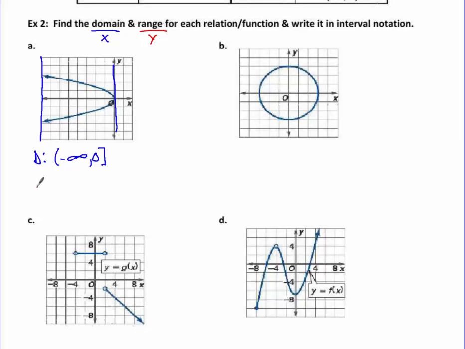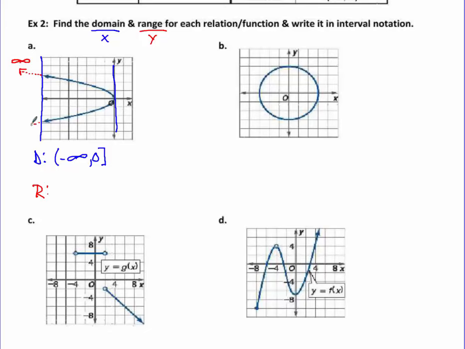Now we're going to do the range. The range is whatever the highest value it goes to. Now, the highest it goes is right here, but again, that arrow lets me know that this thing is just going to keep on going. So it's going to go up to positive infinity on the y-axis.